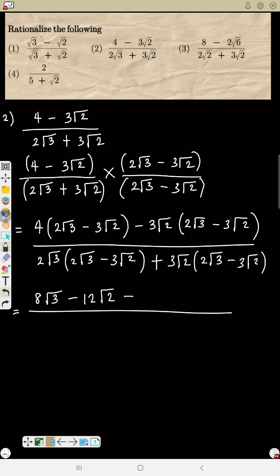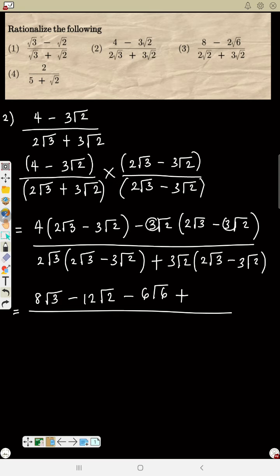So minus, now 3 times 2, 6, then root 2 times root 3, that is root 6. So you multiply the number outside with the number outside, then the number inside with the number inside. So this will be plus now, because minus times minus will be plus.